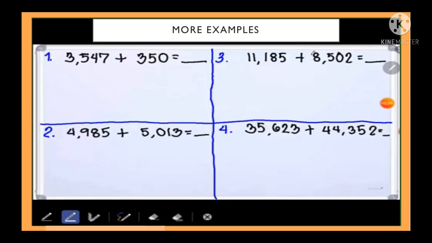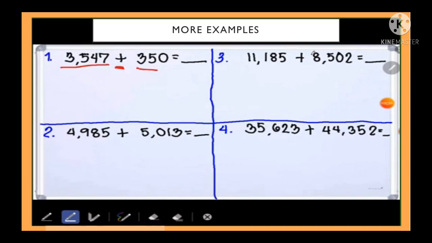We will start with number 1, of course. So we have, can you read first the numbers? What number is this? Yes, it's 3,547. The symbol is plus. Good job.